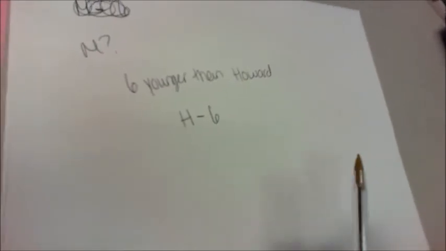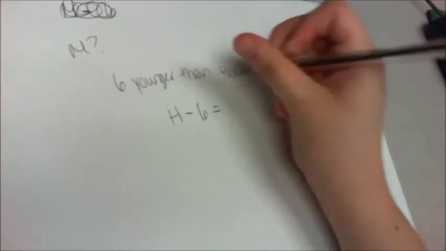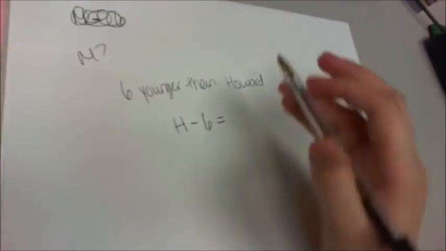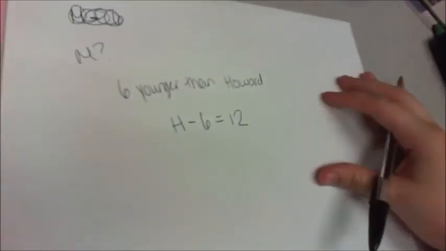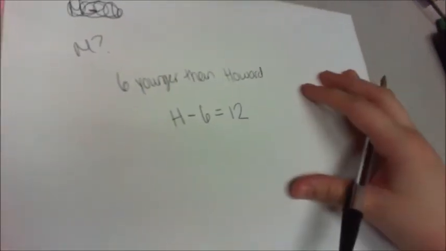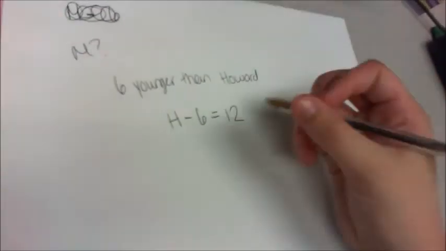If Michael is 12 years old, write an equation that could be used to solve for Howard's age, H, and solve your equation. So they're saying Michael's age is 12. Well, if Howard minus 6 gives you Michael, that means H minus 6 equals 12, since they said Michael is 12. Now let's solve for Howard's age.